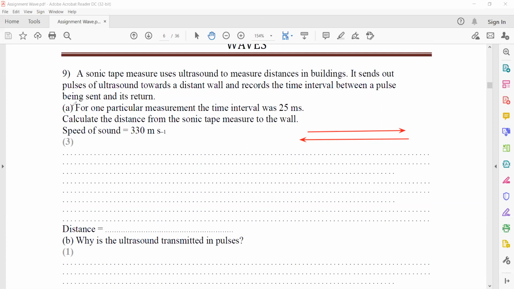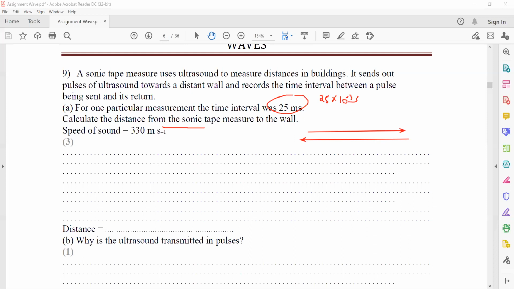Record the time interval between the pulse being sent and returned. For one particular measurement, the time interval was 25 milliseconds, that is 25 into 10 to the power minus 3 seconds. Calculate the distance from the sonic tape measure to the wall.